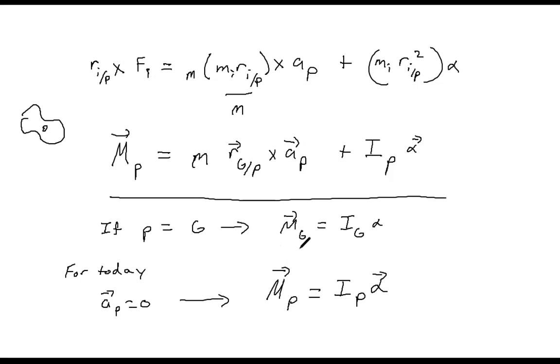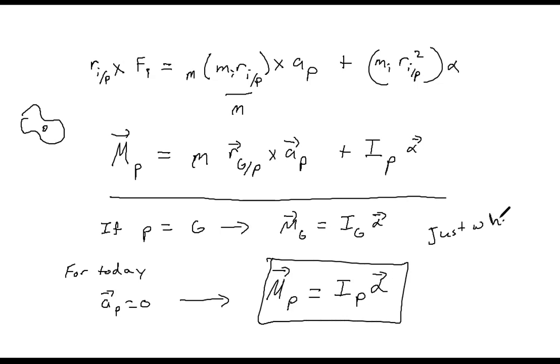So in fact, hopefully this looks familiar. Hopefully both of these do, actually. Both of these are just what we did in physics 1. These are the exact equations we worked out in physics 1.